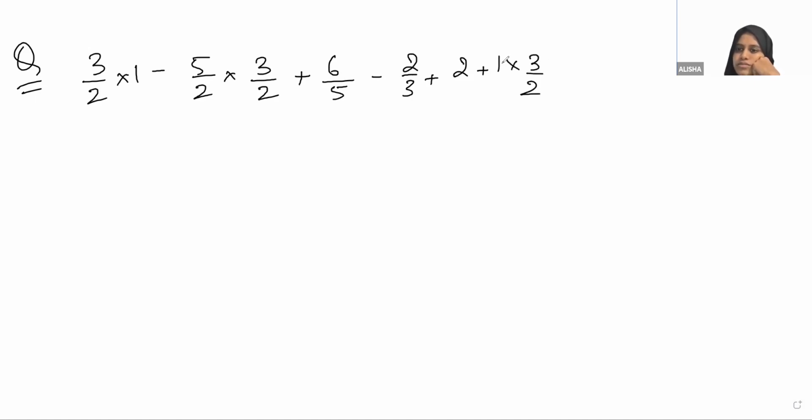Try to do. Do not solve the whole question, just take the common and tell me how will you take these two common. So should I arrange that? So first I need to arrange it, right? Yes, arrange it.